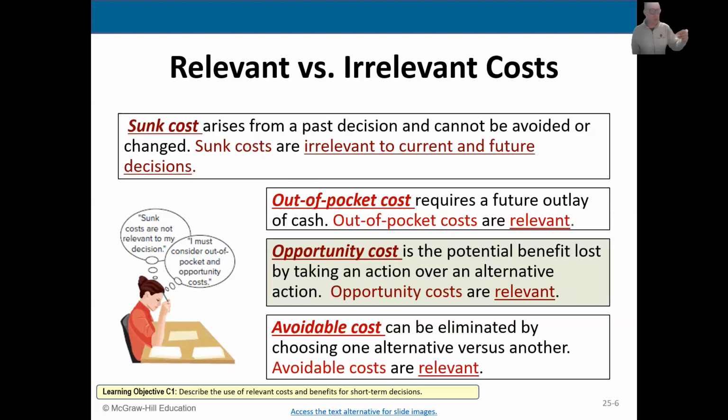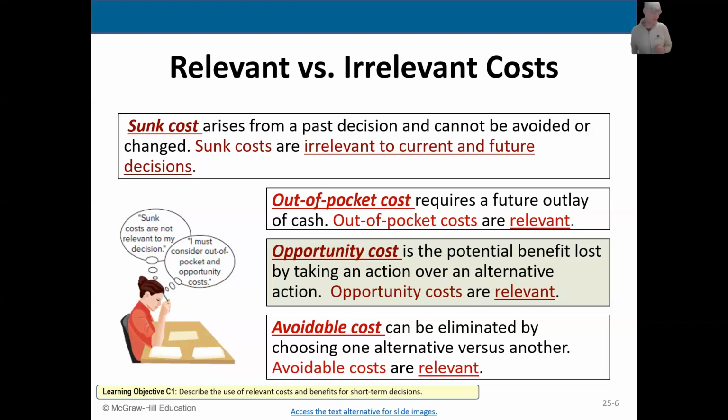That is a sunk cost because it would not be relevant to the decision-making process of replacing that phone if it breaks. Okay? That's why we call it a sunk cost. Sunk costs are costs that have already happened in the past and have no influence on current or future decisions.